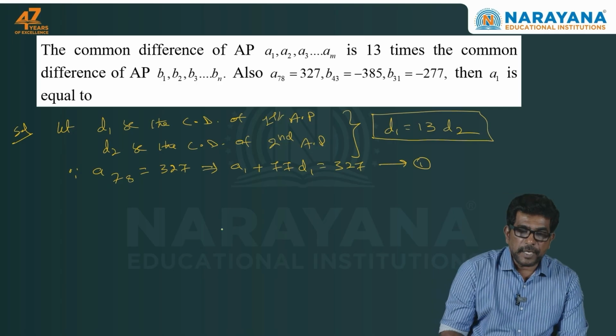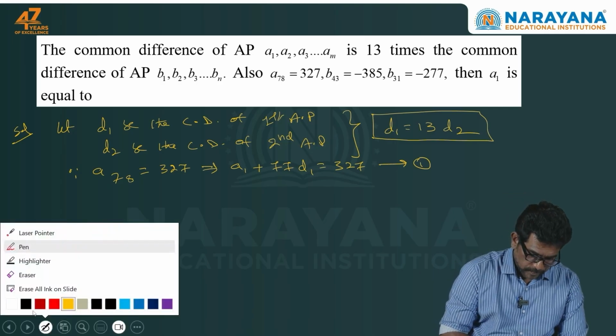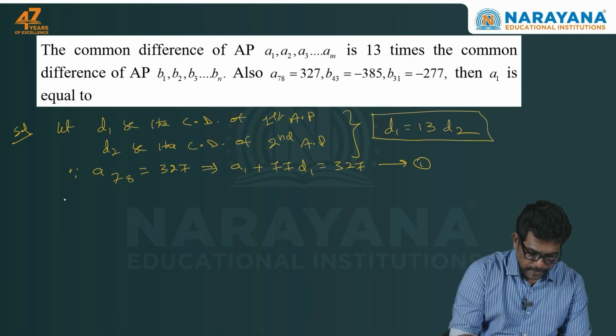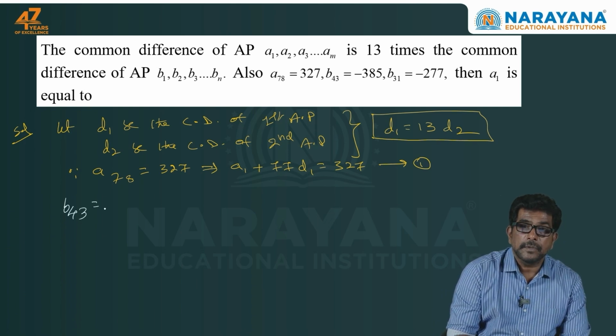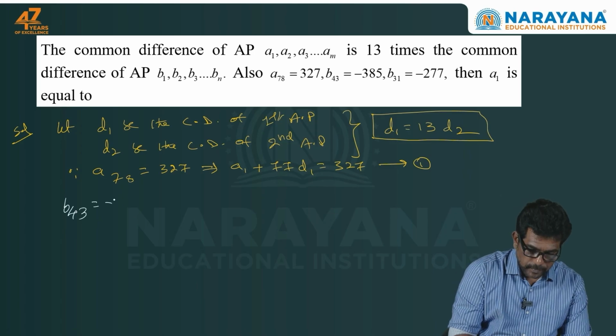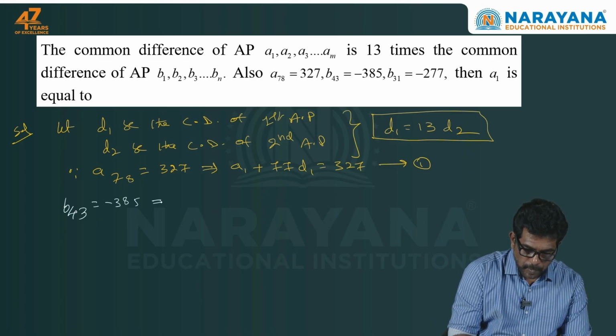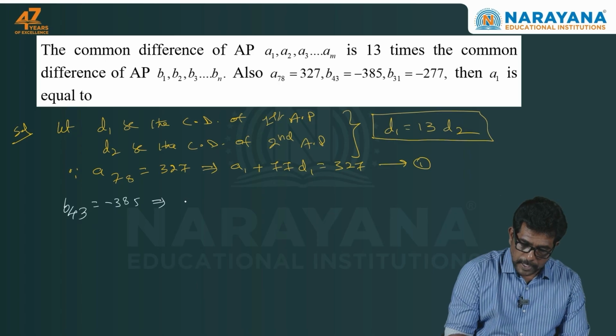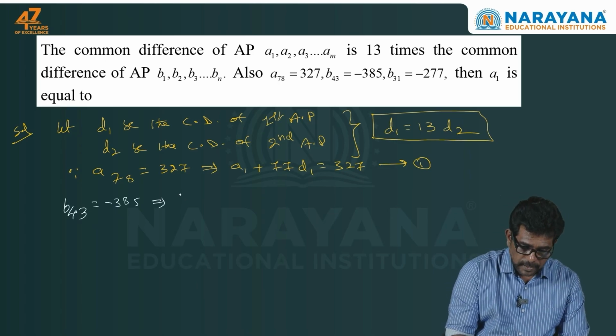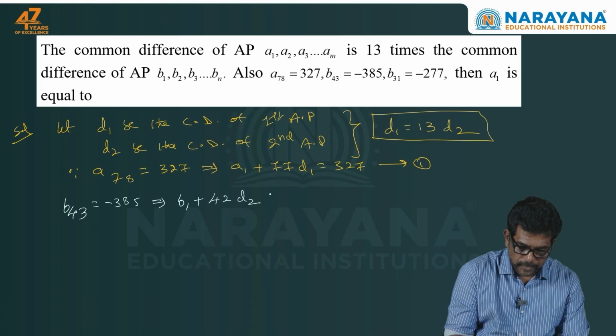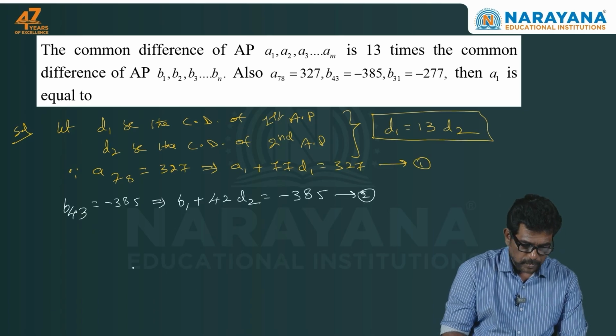Next, B43 is given, B43 is equal to minus 385. So here in the second AP, the first term is B1, so B1 plus 42 times D2 is equal to minus 385. Equation number 2. Next, B31 is given.